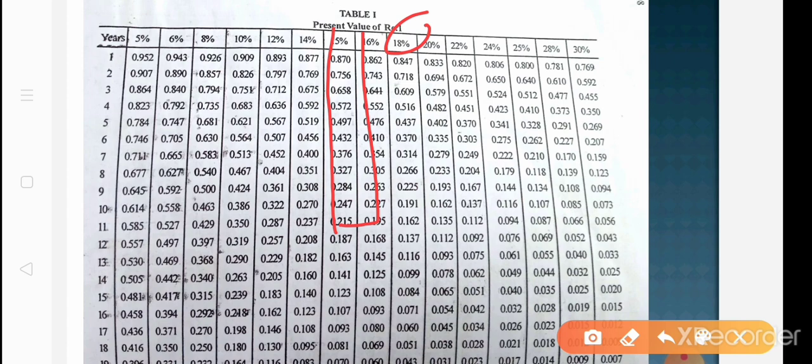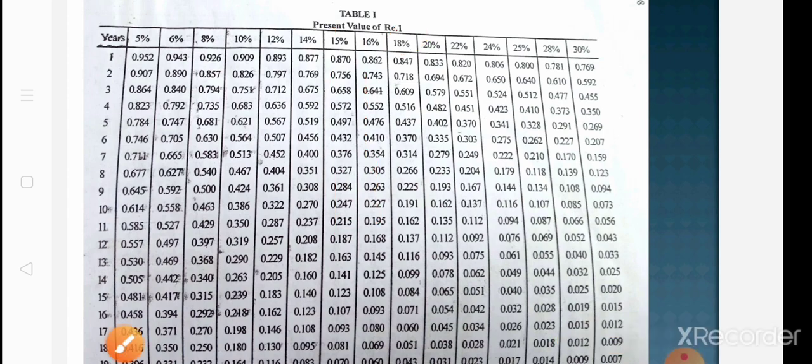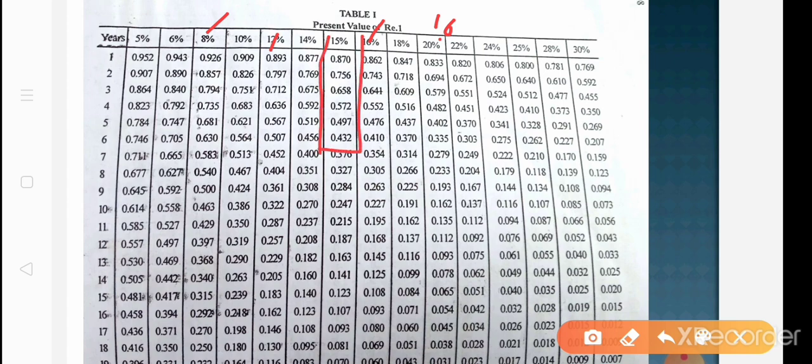But in some cases, it's not given. So what can we do? The discount rate will be given. It may be 10%, 12%, 15%, 16% like that. So we want to check the present values under the discount rate.